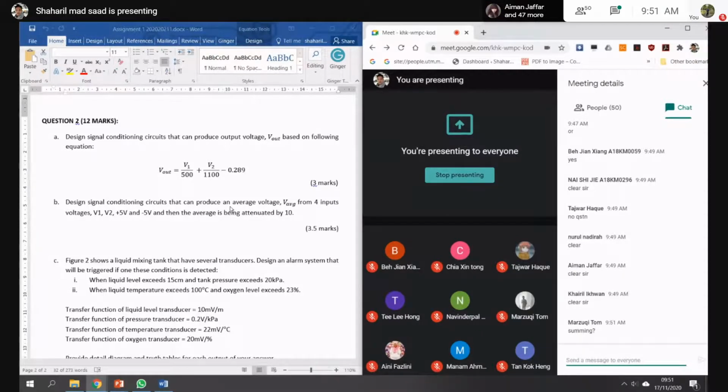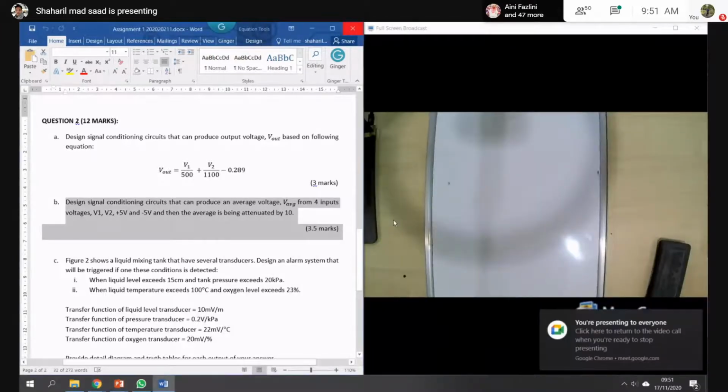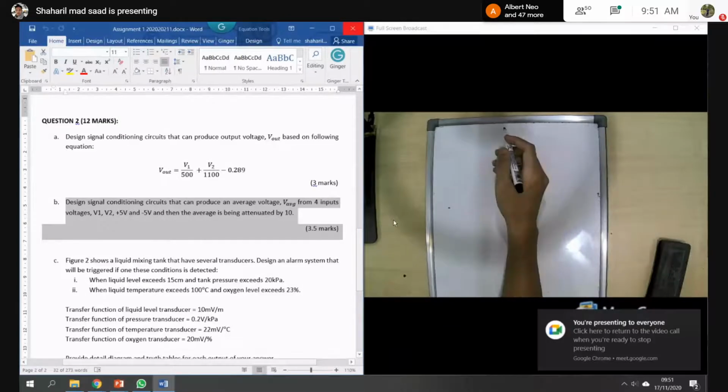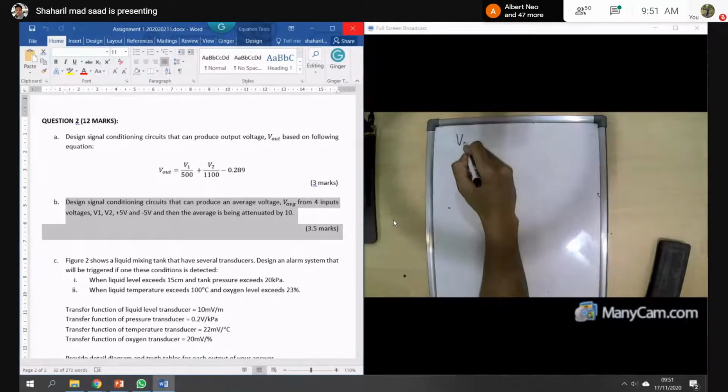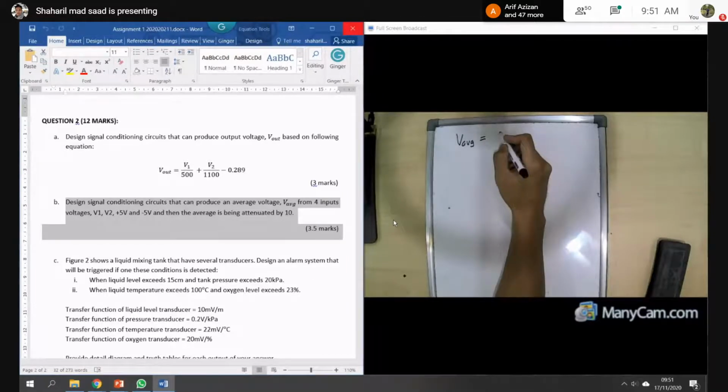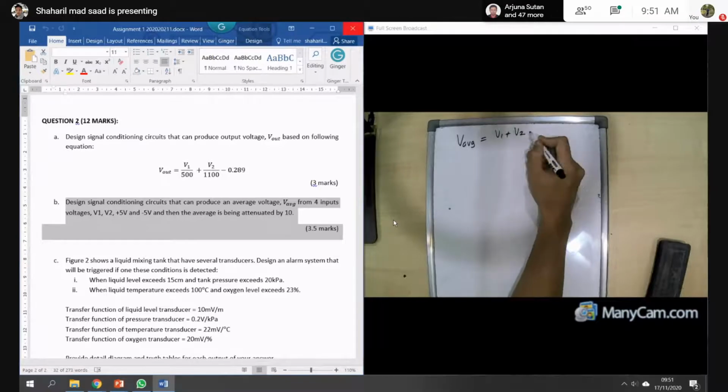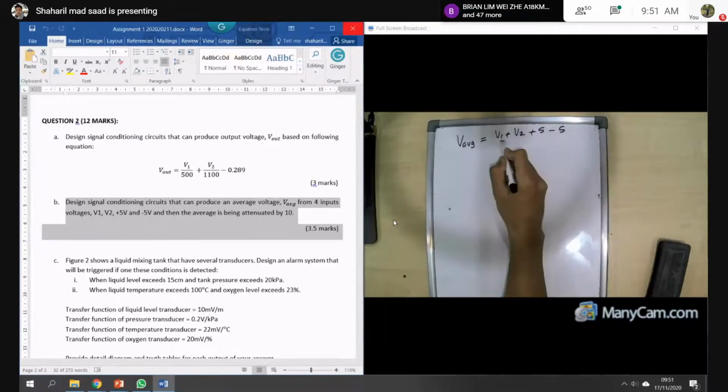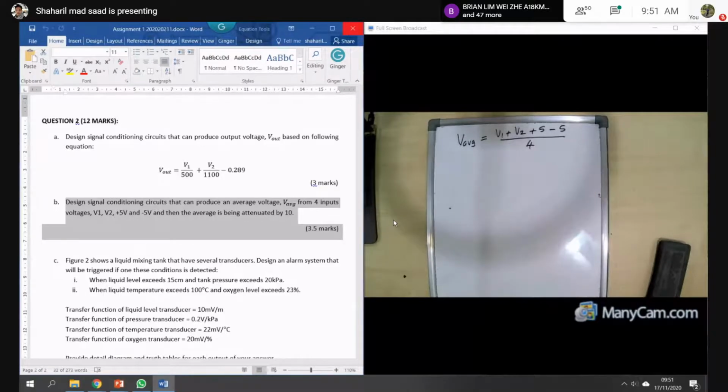It is used to produce an average voltage. The answer is summing. Back to the concept of average voltage: V average equals V1 plus V2 plus 5 minus 5, divided by 4. This is the formula to find the average.